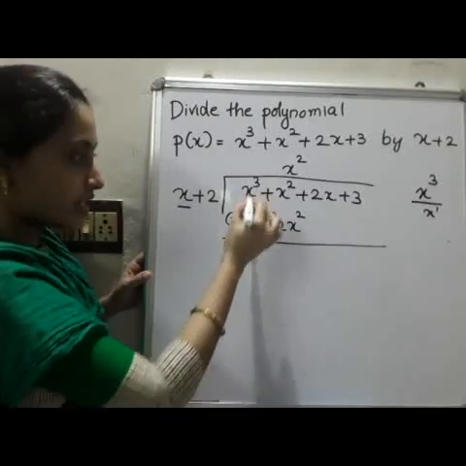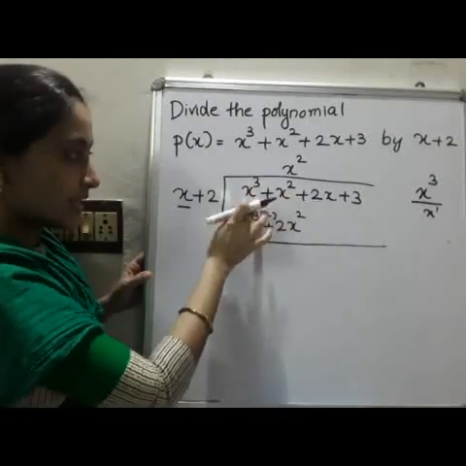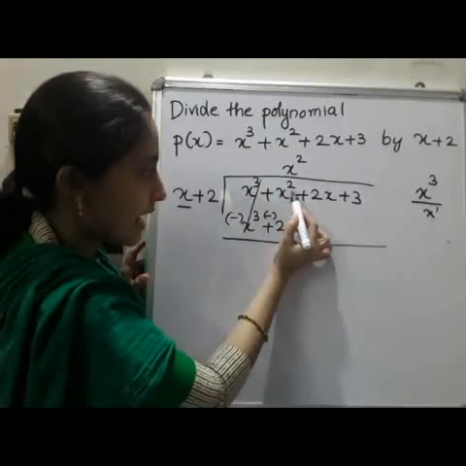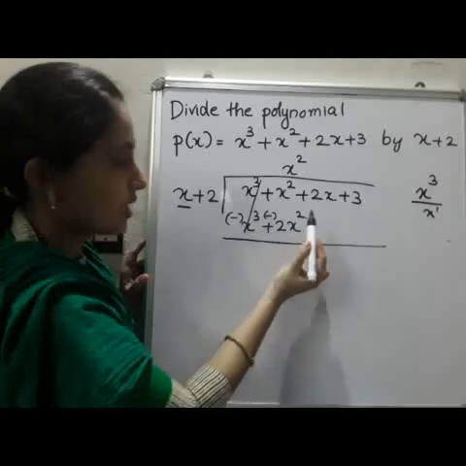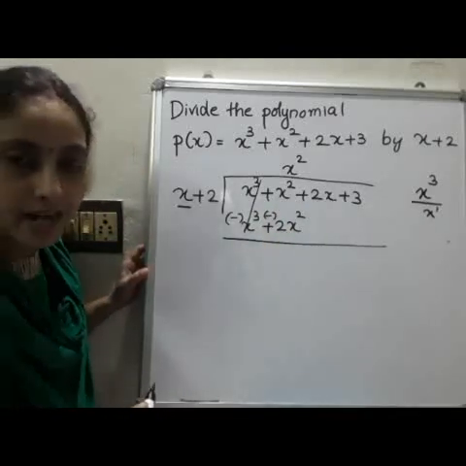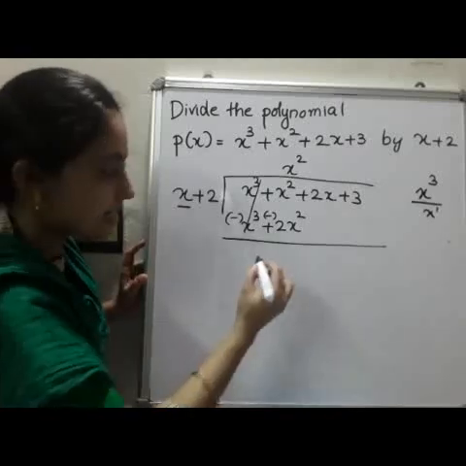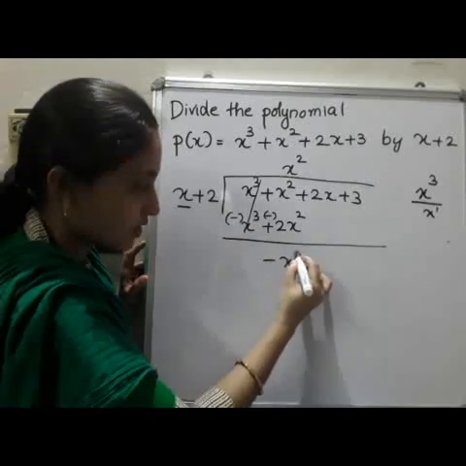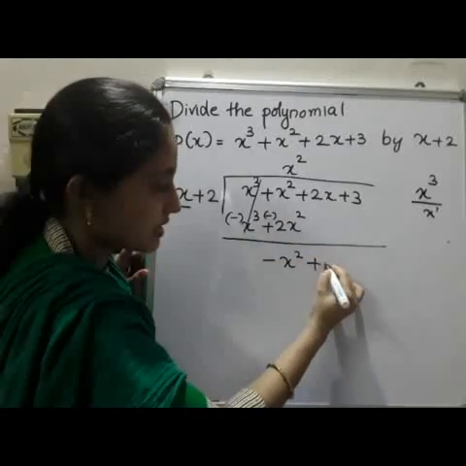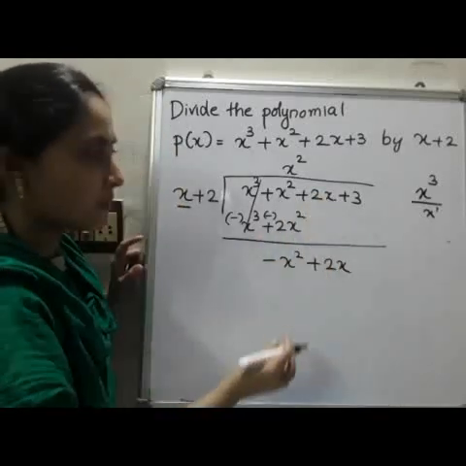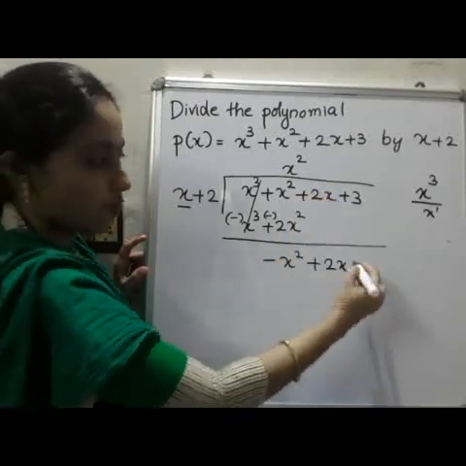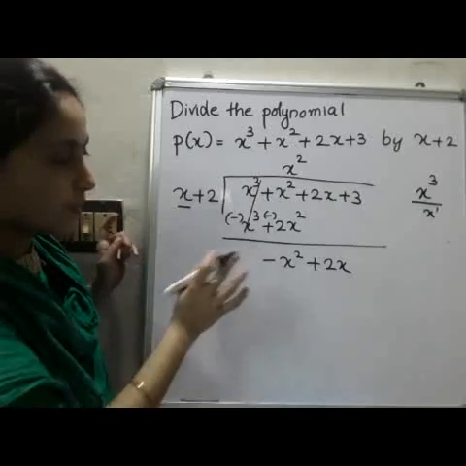X cube minus x cube is 0, that is cancelled. Then x square minus 2x square, that is 1 minus 2, that is minus x square. Then remaining is plus 2x. It is not compulsory to bring down only one term; you can write two terms down, not a problem at all. That is up to the question.